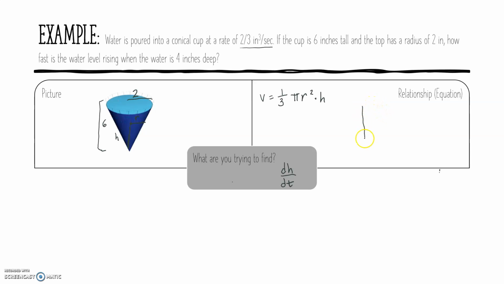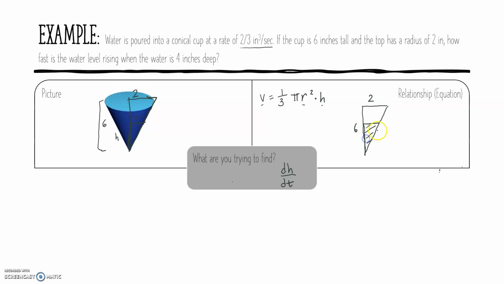There's also a relationship, because this is 1, 2, 3 variables. So there's another relationship that we can use, and that relationship is, imagine that I just took this triangle and looked at that triangle. So the dimensions of that triangle are 2 by 6. And then also the water forms a triangle.